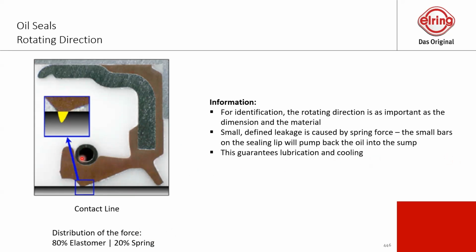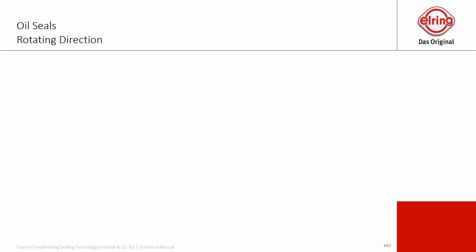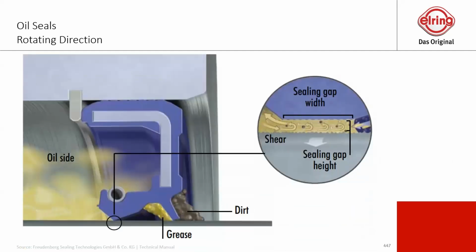If you understand the sealing function, which I will explain to you now, then you see this is not the right way to adjust a little bit the spring pressure in the back. Because how is this working? It's quite easy to explain, because you have to imagine a rubber material and a metal surface. If you're moving the rubber over the metal surface, this is not smooth enough to work without any friction.